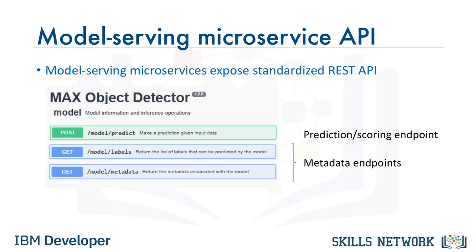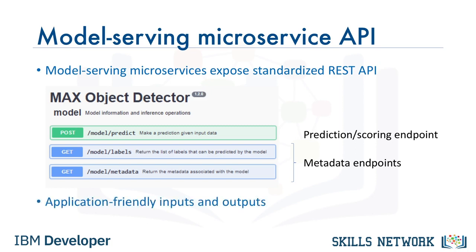This microservice exposes two metadata endpoints, /model/labels and /model/metadata. These endpoints provide information such as the objects that can be detected and the deep learning model used to derive the answer given the input. In the lab portion of this module, you will have a chance to explore and test these endpoints using a web browser.